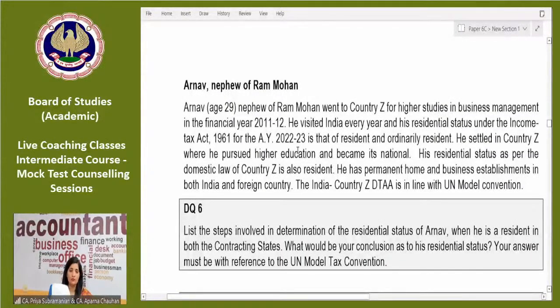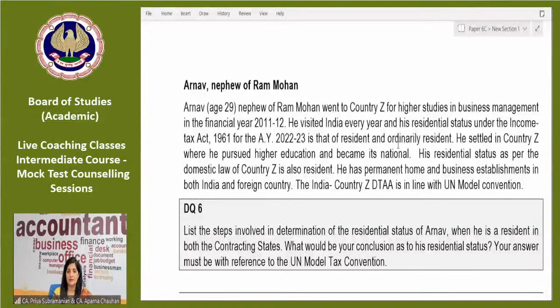Seeing the facts, you would know that it is based on the determination of the residential status as per the DTA. As per the DTA, since he is a resident of India and also a resident of country Z, for applying the DTA provisions you have to determine for which contracting state he would be resident.